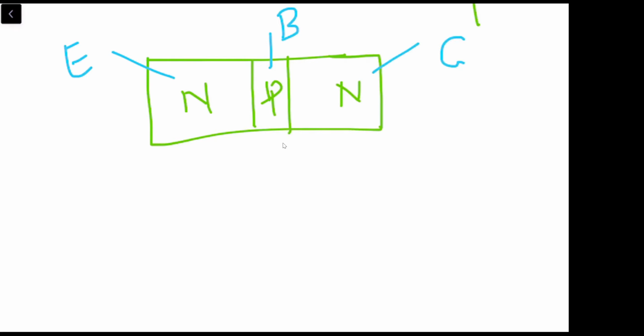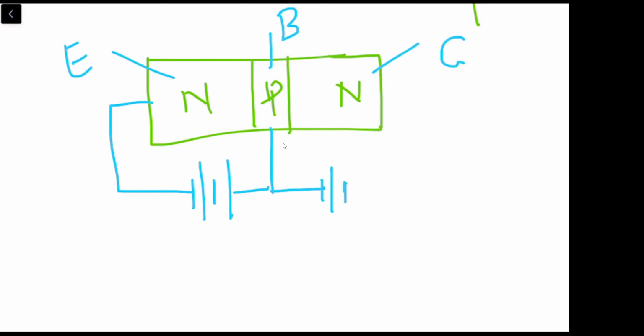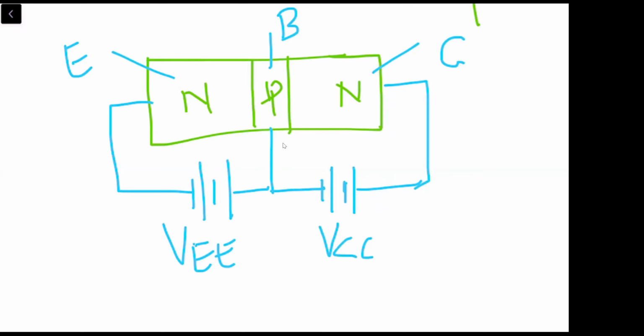Now what we are doing, we are forward biasing the emitter base junction and we are reverse biasing the collector base junction, right? And we label them as VEE, the DC source which is biasing the emitter base junction, and VCC, which is providing the biasing to the collector base junction.